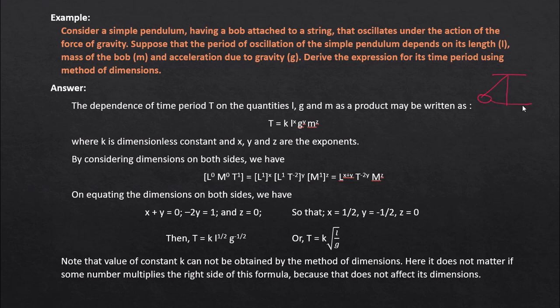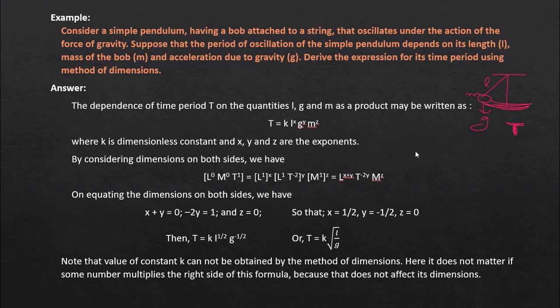We know it oscillates like this. This bob has the mass m, this has the length L, and this has the gravity g. We want to derive an expression for its time period, and it is given that the time period depends on all these three: length, mass, and gravity.